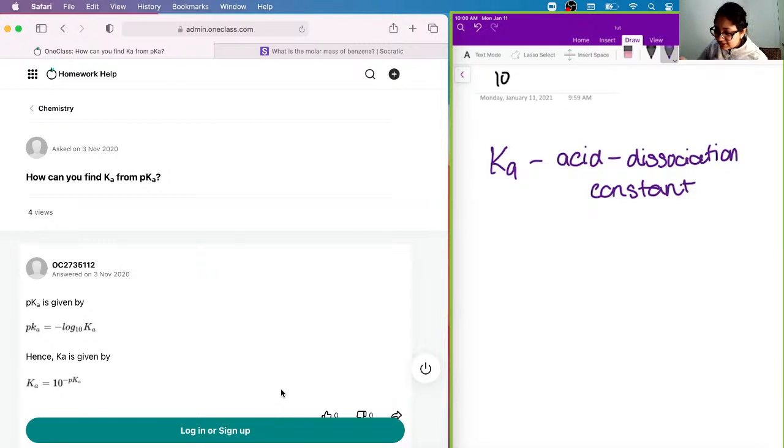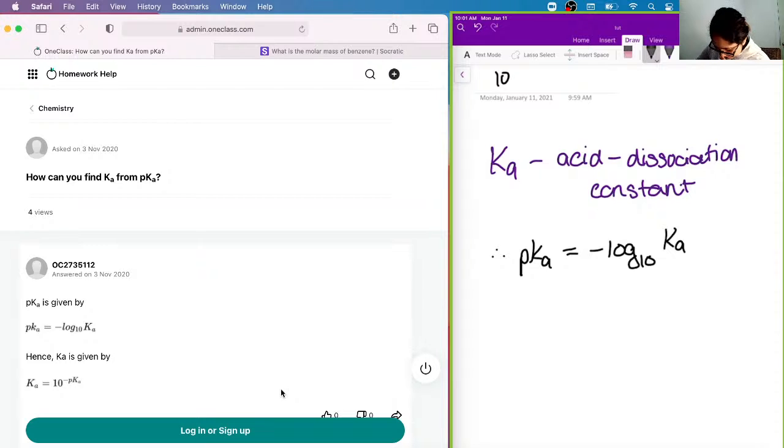And so we can say that pKa is equal to the negative log base 10 of your Ka.